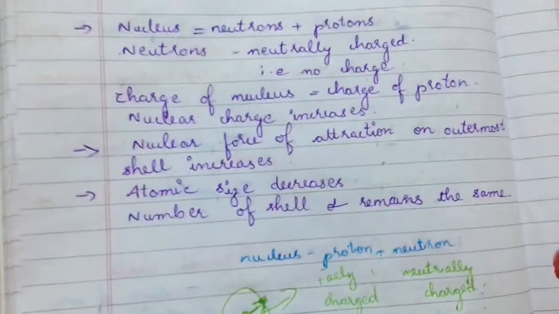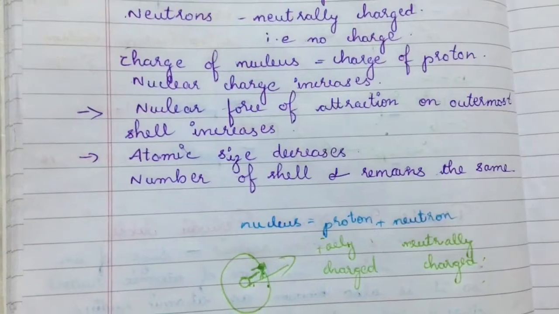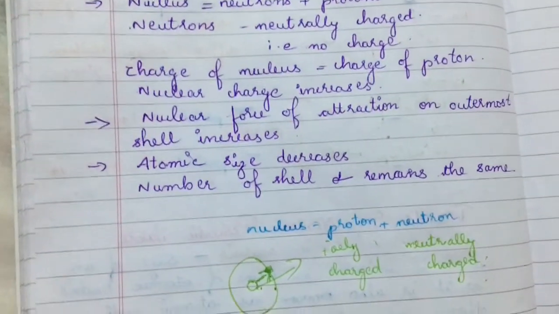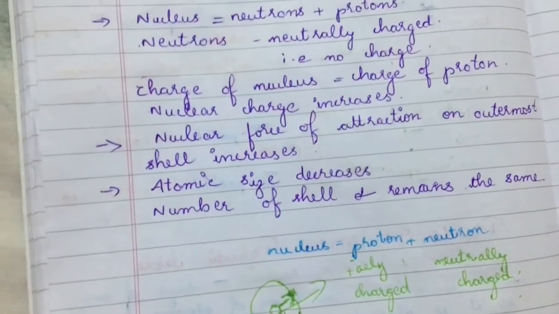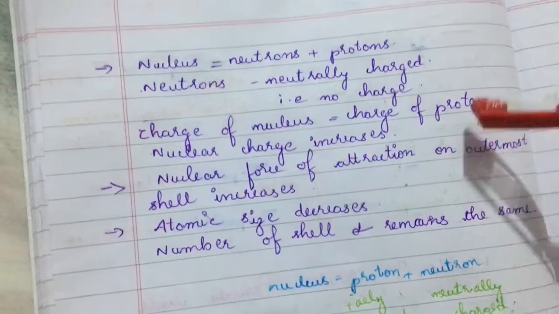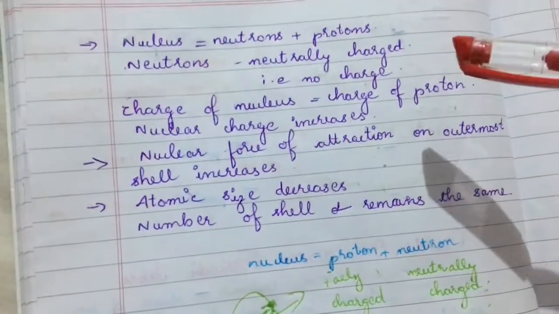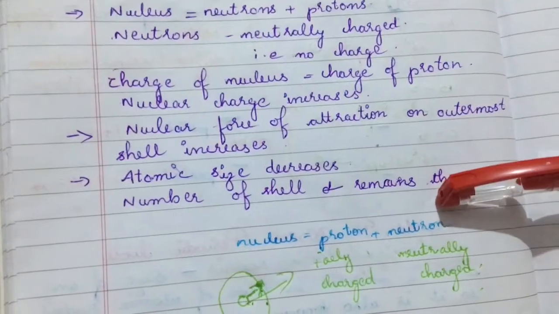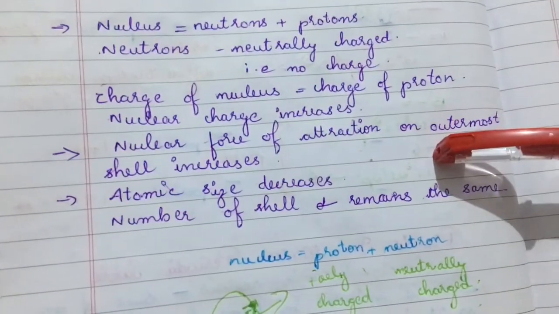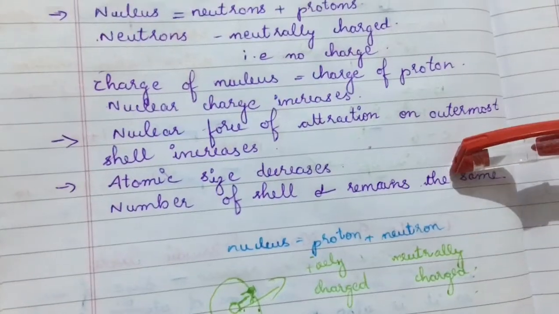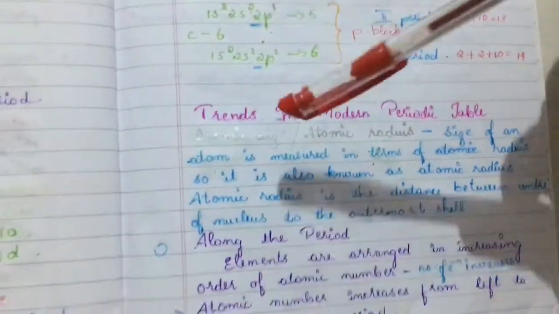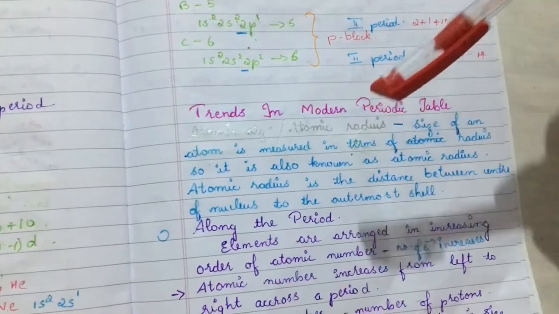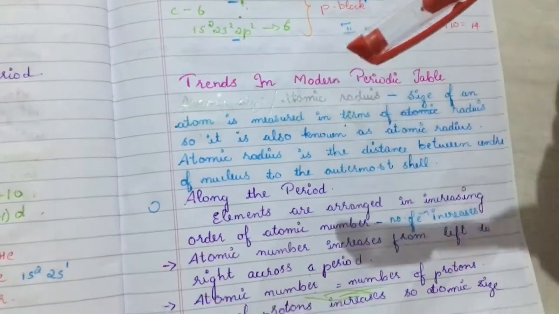The reason behind this is that the charge of the nucleus increases, and since the charge increases, the nucleus pulls the outermost shell towards itself more tightly, because of which the atomic size, as you have seen in the picture, decreases on moving from left to right across the period. This is all about the variation of the atomic size or atomic radius across the period. So you can say that atomic size decreases across a period.